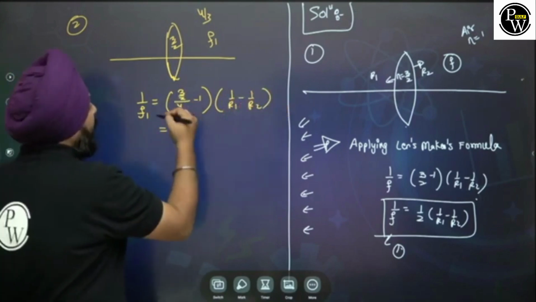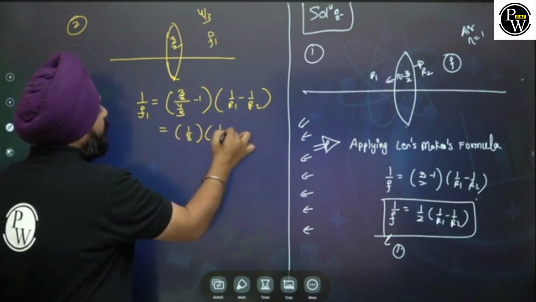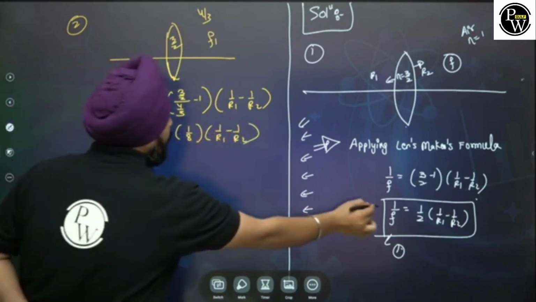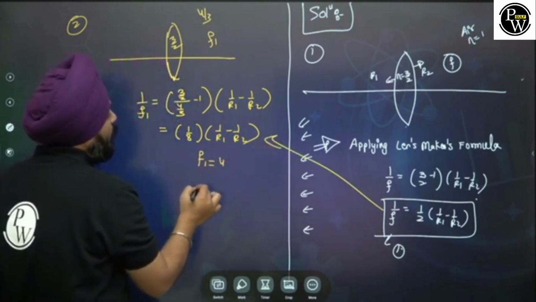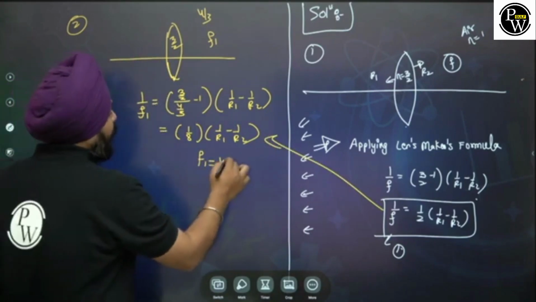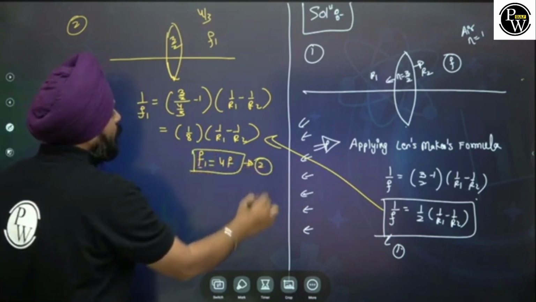So it is 9 by 8 minus 1, that is 1 by 8, times (1 by r1 minus 1 by r2). If we replace equation 1 here, then we get f1 equal to 4f. Equation number 2.